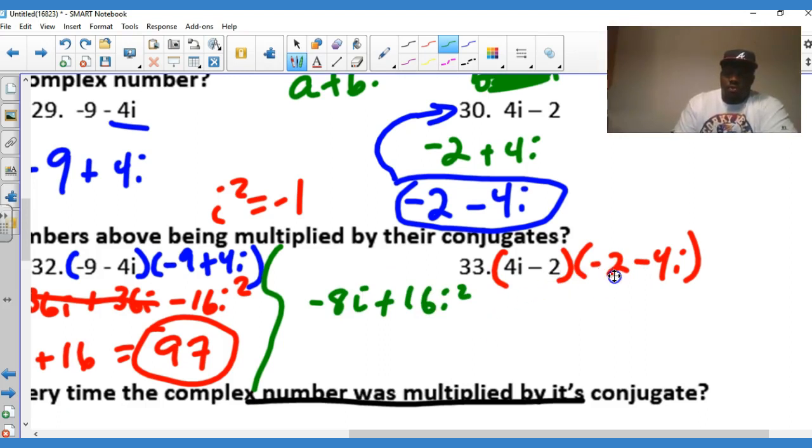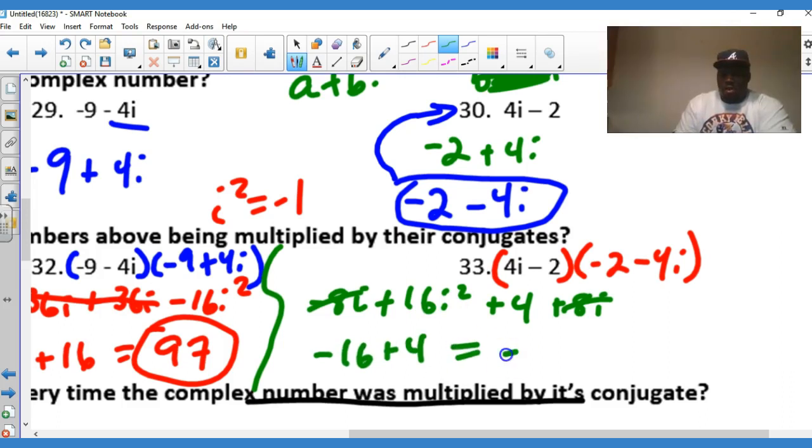Negative 2 and negative 2 is going to be positive 4. And negative 2 times negative 4i is going to be a positive 8i. Now, like terms, I got negative 8i and positive 8i. Those cancel. And then I have 16i squared. Well, i squared is negative 1. So 16 times negative 1 is negative 16 plus 4. And that is definitely negative 12.